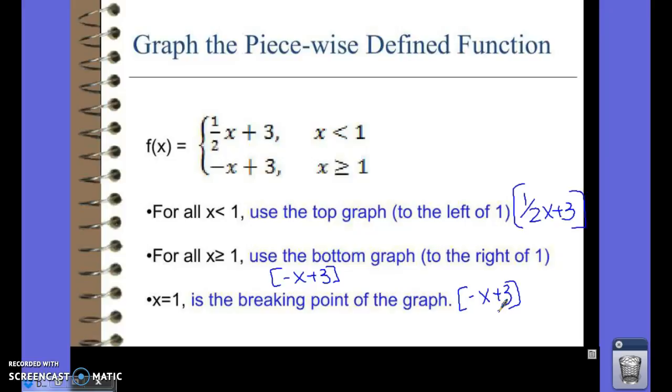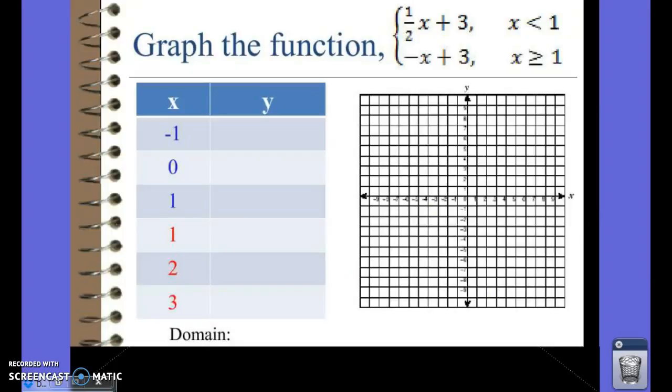So what we're going to do is fill in the table of values that the domain applies to. So, negative 1, 0, and 1. Top or bottom? Top.